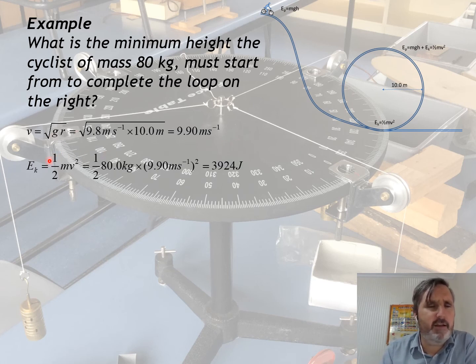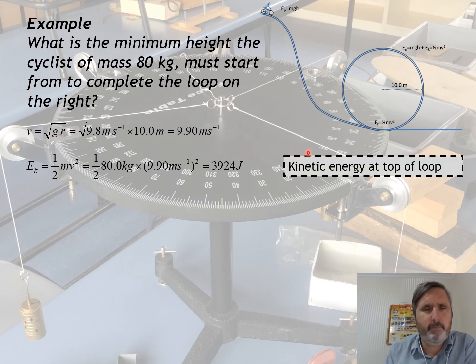So I can calculate the kinetic energy at the top by multiplying the mass times half times the velocity squared. And I get that at the top of this loop, the kinetic energy that the cyclist will have is 3,924 joules. But I can also work out what the potential energy at the top of this loop is, because I can see here that the cyclist is 10 meters plus 10 meters, 20 meters above the lowest point.